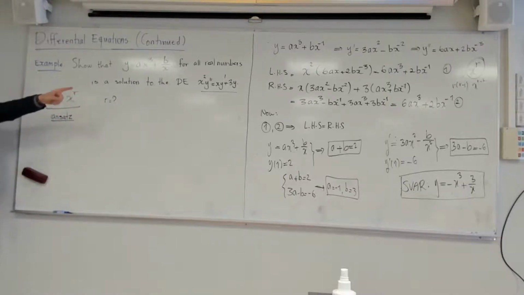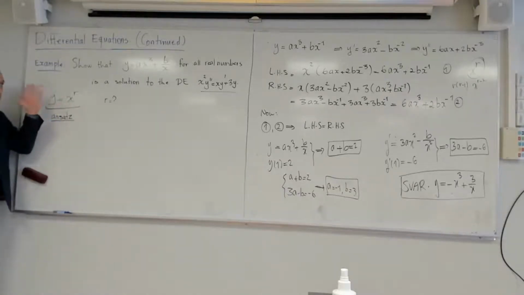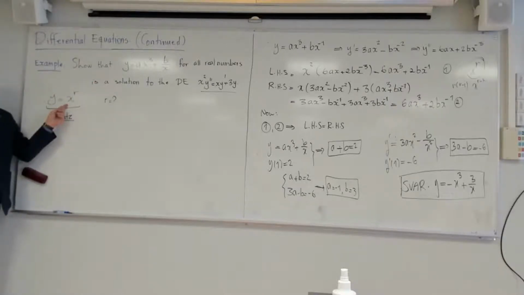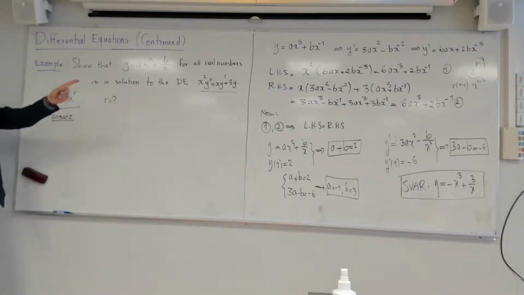But based on that argument, I might come up with this idea that one possible answer, might be not true, for that differential equation should be of this form. This is called ansatz. So we put it back into this equation to see if our ansatz is actually correct.